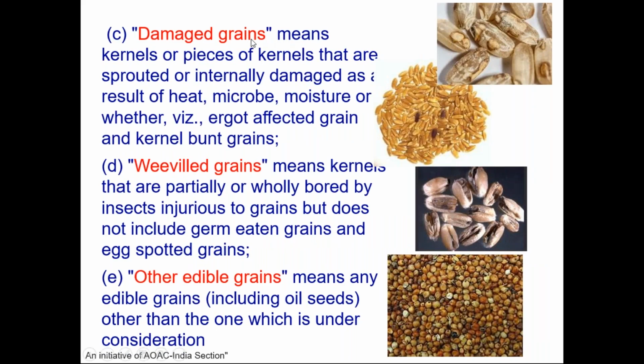Then you have damaged grain. The definition for damaged grain says kernels, all pieces of kernels that are sprouted or internally damaged as a result of heat or by microbe or moisture, or if they are ergot affected or kernel burnt grains. Bevel grains means grains or kernels that are partially or wholly bored by insects injurious to grains, but does not include germ-eaten grains and egg-spotted grains.